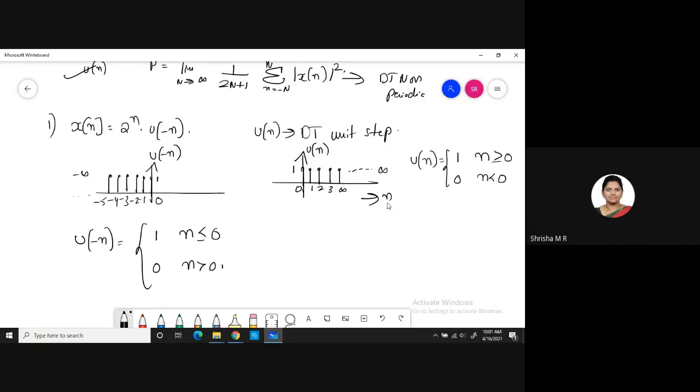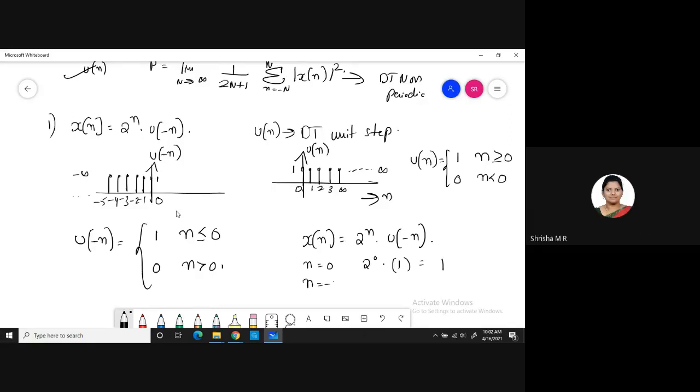So we have been given the question x of n is equal to 2 to the power of n into u of minus n. This x of n exists from minus infinity to 0; that you have to understand from this. Now give values for n. If n is equal to 0, 2 power 0 into 1 gives 1.